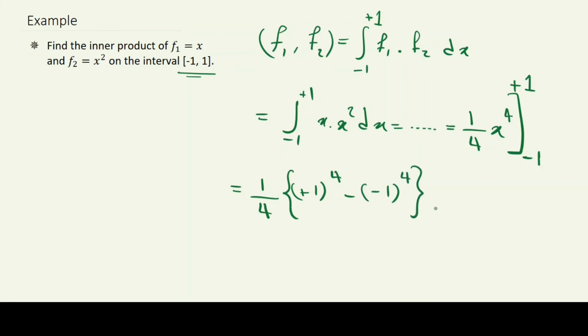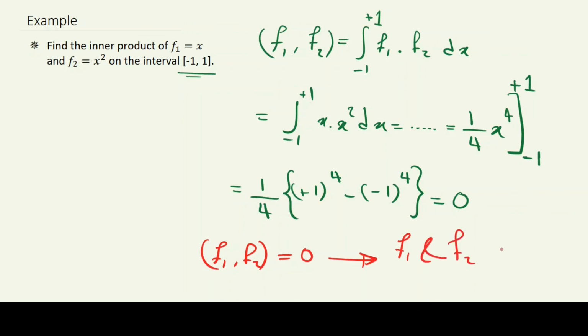And if you calculate this, you end up with just 0. So the inner product of f1 and f2 is 0, and by definition we can call f1 and f2 orthogonal on the given interval. This is again very important: the interval -1 to 1.